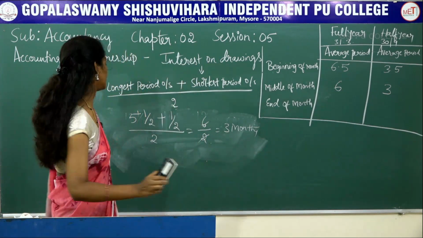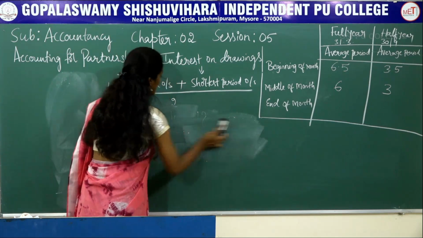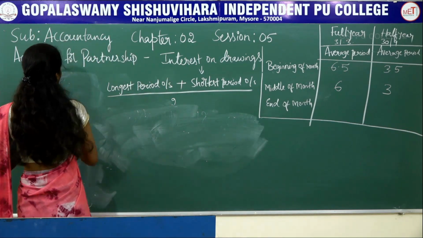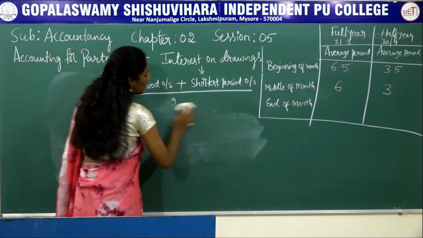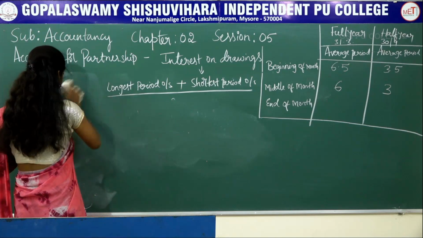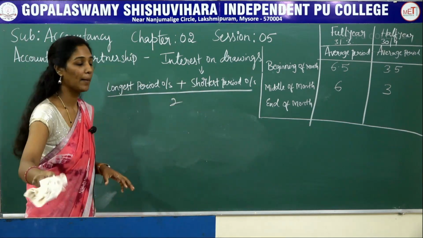The next is when a partner withdrew on the last day of the month, which means at the end of the month.